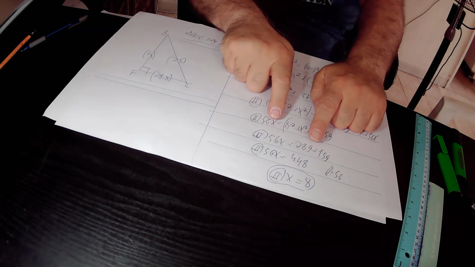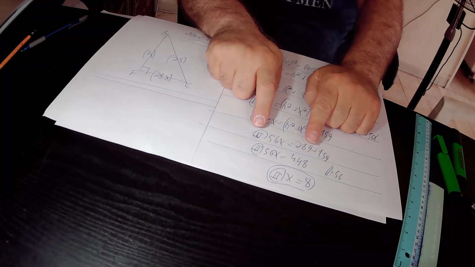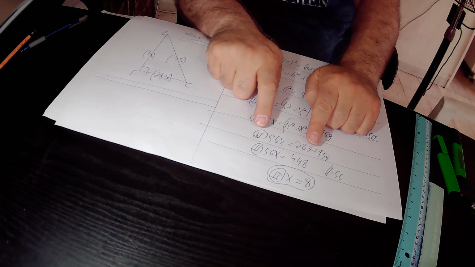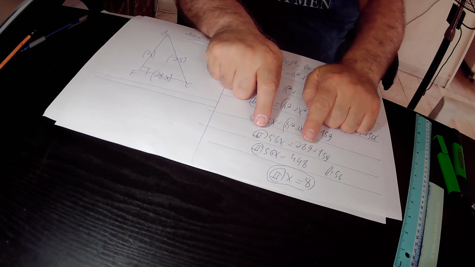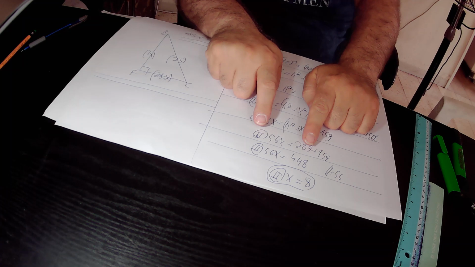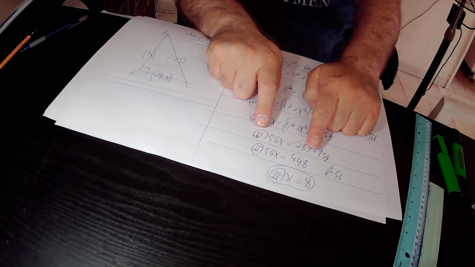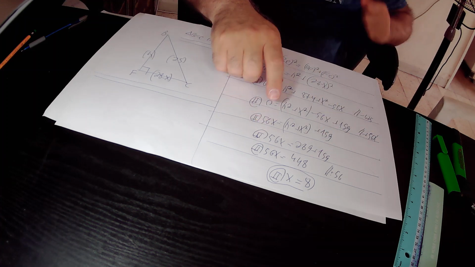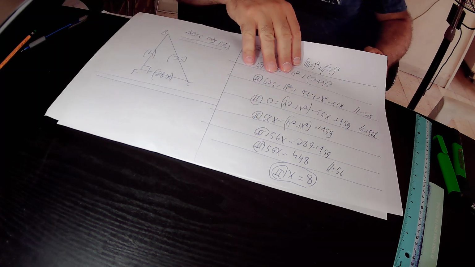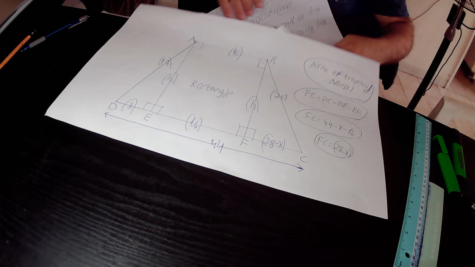So in total, 56x equals 448. Here we divide equation 2 by 56 and finally find that x equals 448 over 56, which is 8. So we found that x equals 8 units in length.